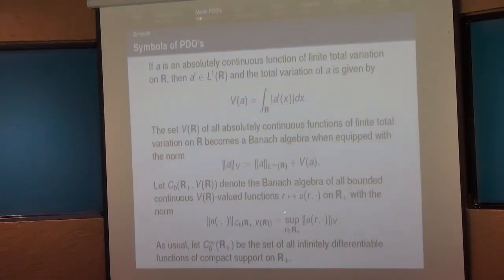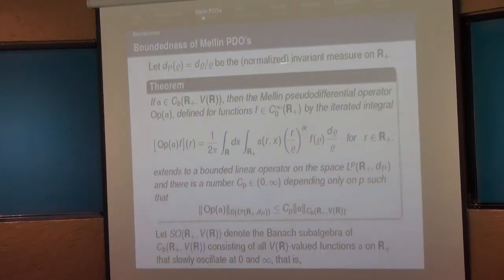So we take the V norm with respect to the dual variable, then the supremum norm with respect to the spatial variable. As usual, this symbol is in the set of all infinitely differentiable functions of compact support on the positive half line. Then we consider the normalized invariant measure on the positive half line. This symbol belongs to that class.